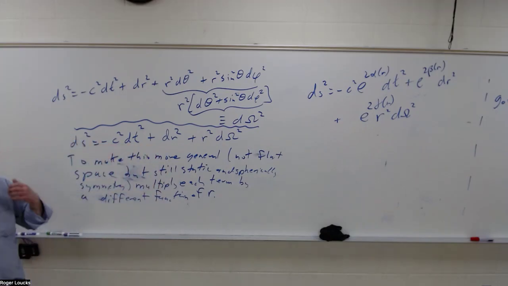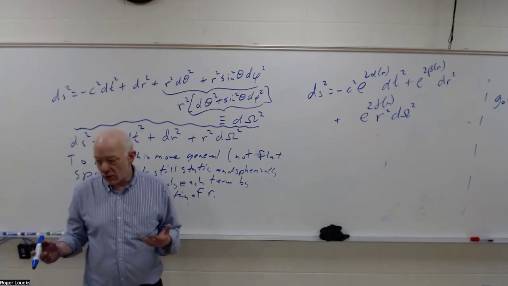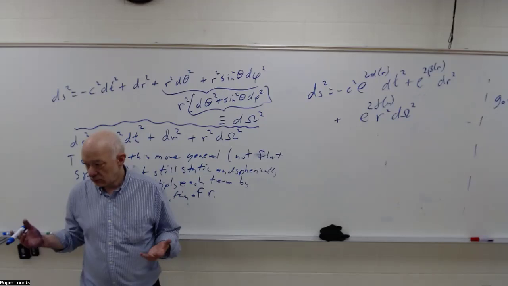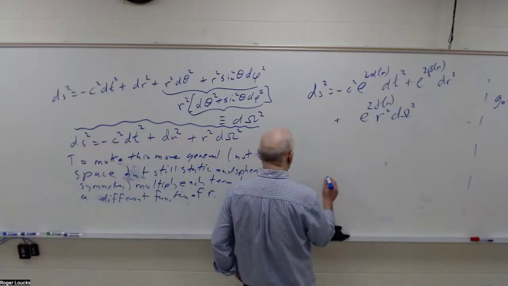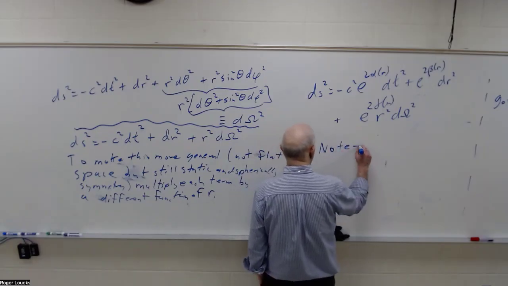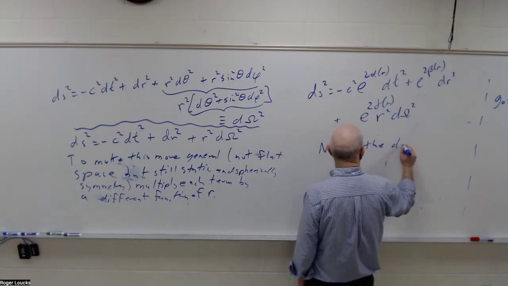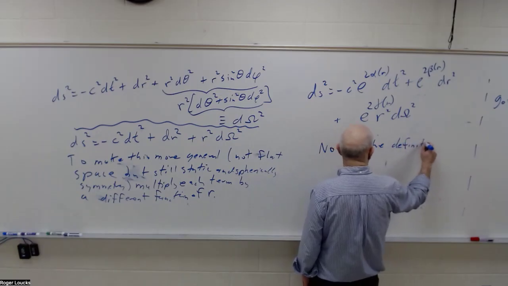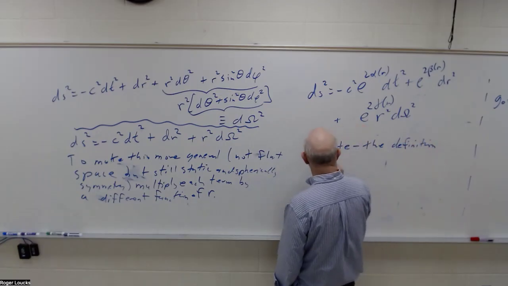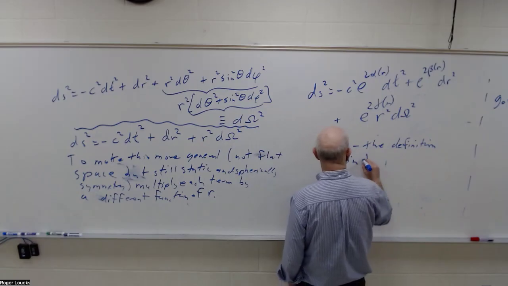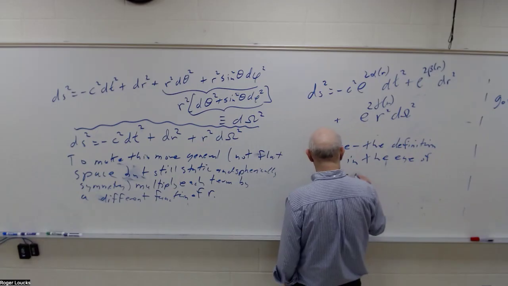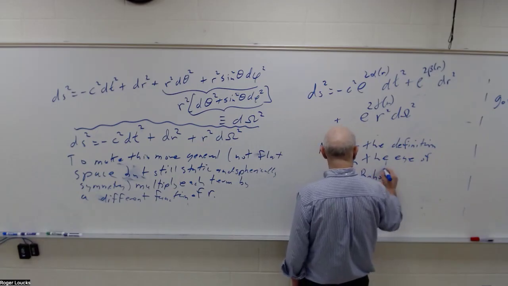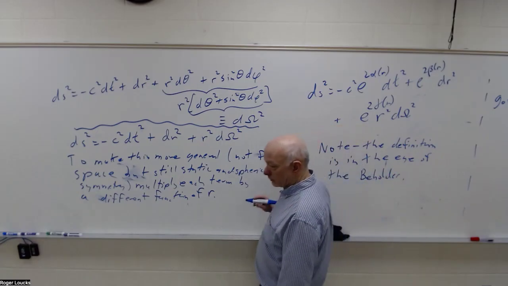Now, the first thing I want to do is, this is kind of an odd thing. I want to convince you that the r doesn't necessarily have a good definition. The definition of r is in the eye of the beholder, and I'm not really kidding with that.